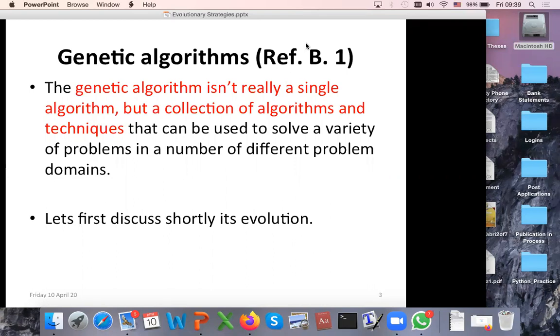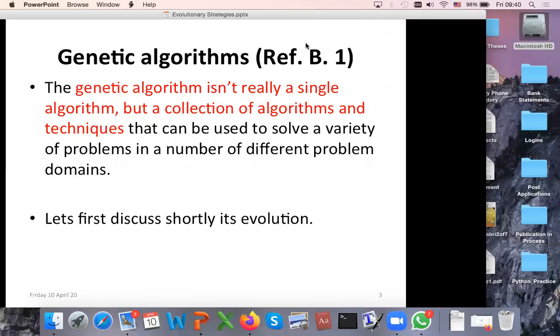One thing which is very common is that we normally have an introduction of genetic algorithm as some kind of single algorithm, but actually it is a collection of 3 to 4 different small sub-algorithms.